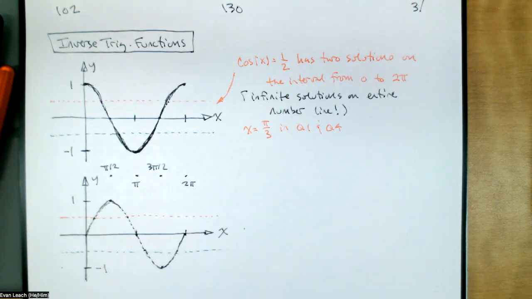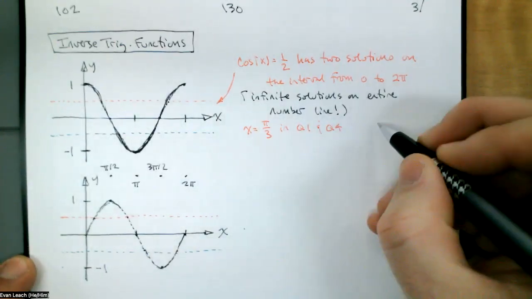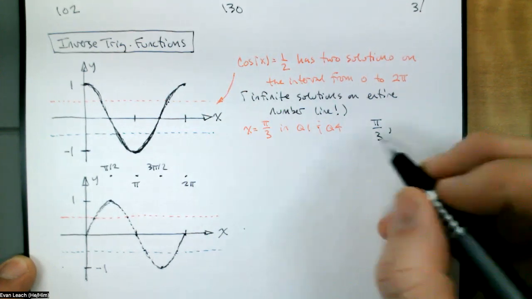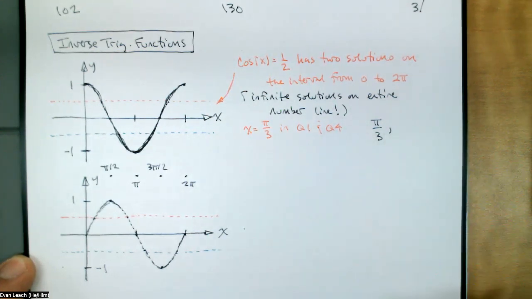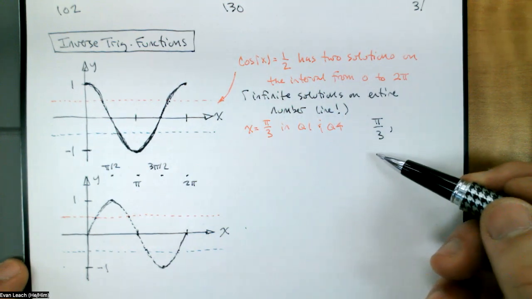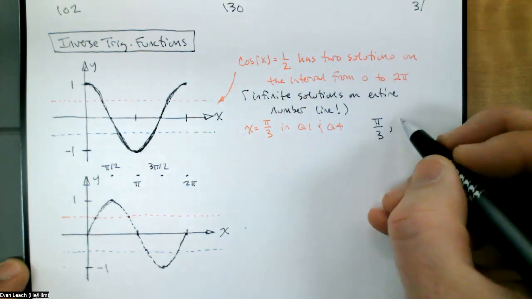So x equals pi over 3 in quadrant 1 and quadrant 4. So the 2 solutions are: pi over 3 in quadrant 1 is pi over 3, and pi over 3 in quadrant 4 is 5 pi over 3.